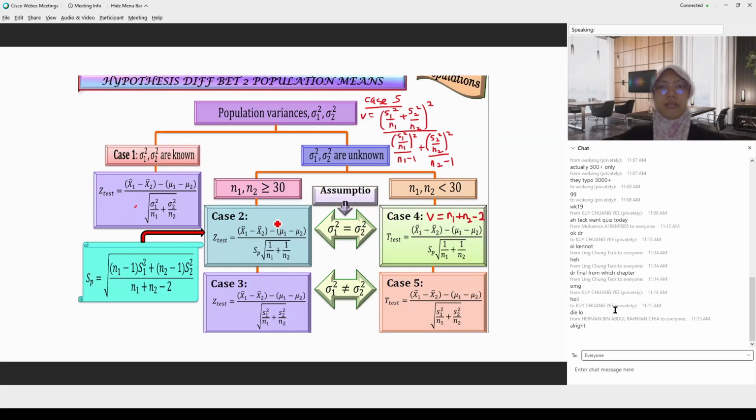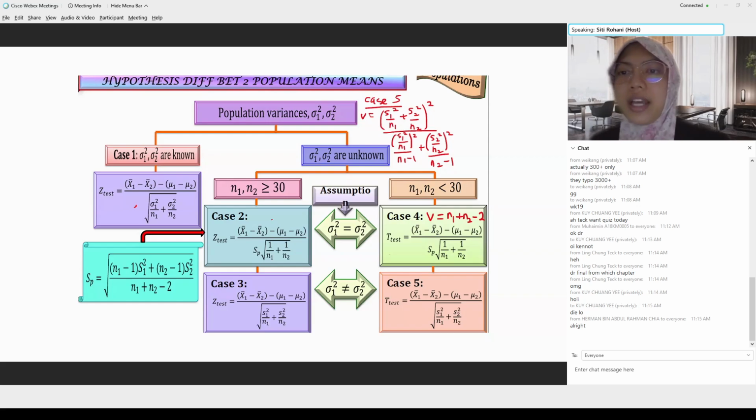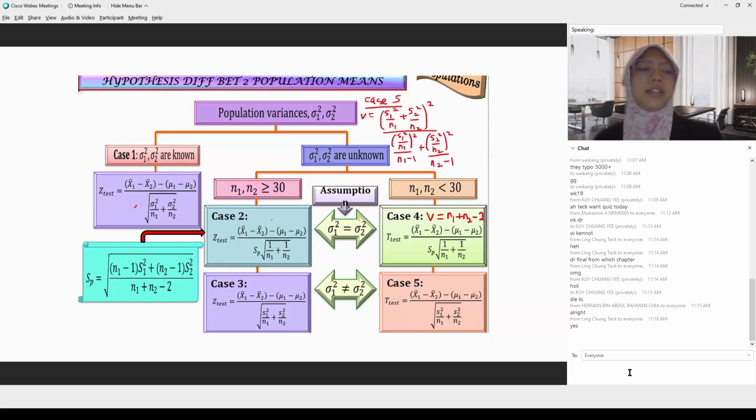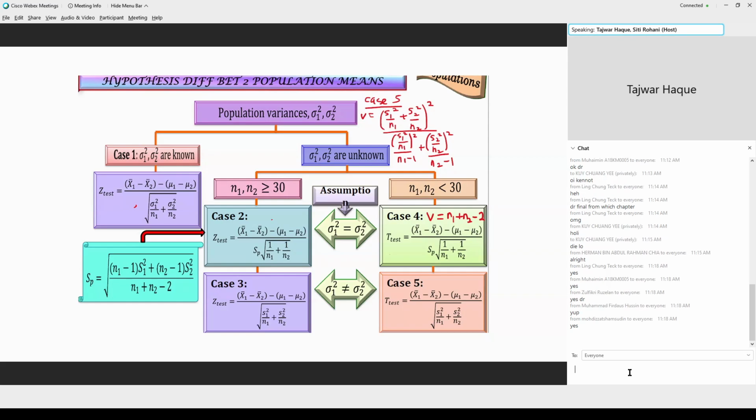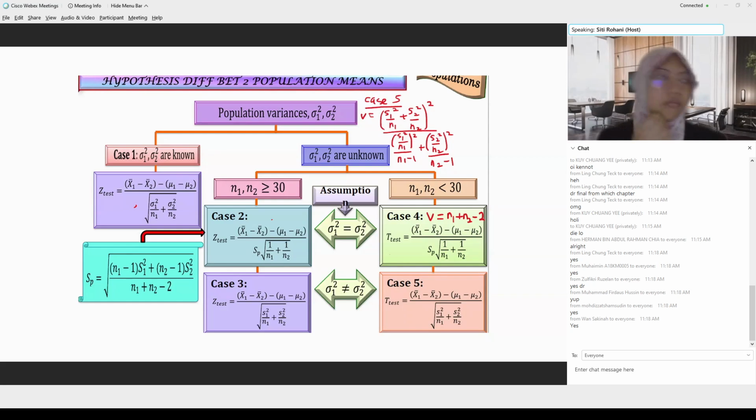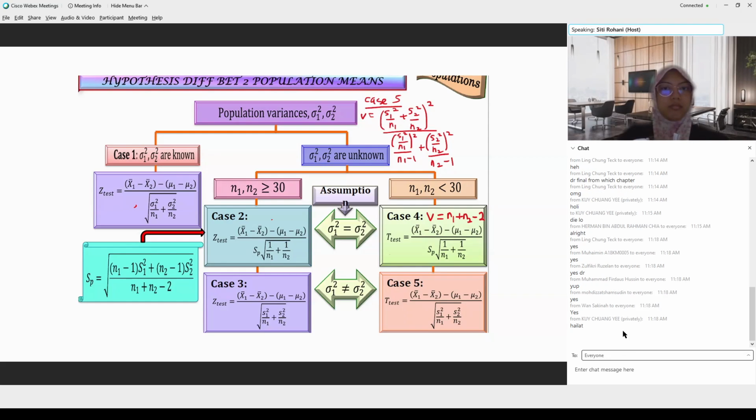Ni salah. Sekejap kelas. Did I give you this formula in your slide? Yes? Yes, sir. Sekejap.